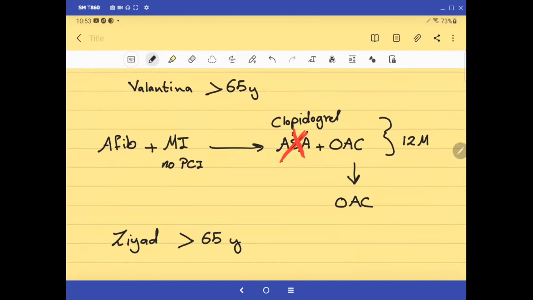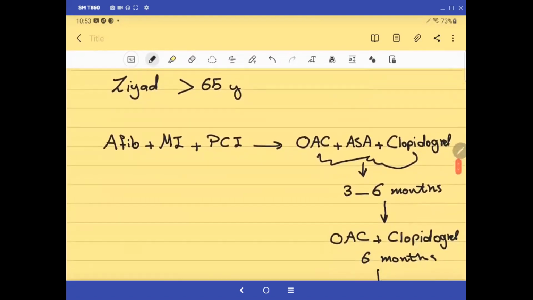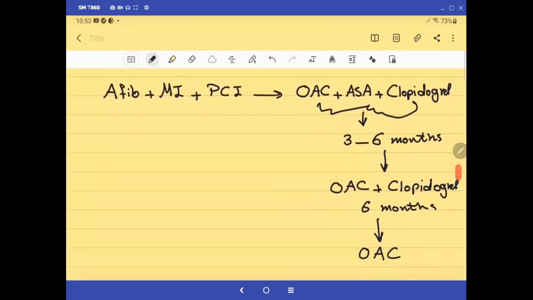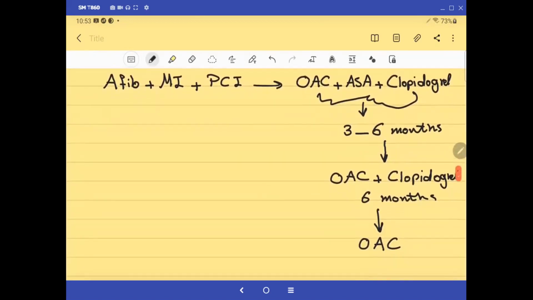The last and most complicated case was Ziad. Ziad has atrial fibrillation with a STEMI or non-STEMI, and his age is 65 or more, and he has PCI. So because it is the most complicated case, he has been on triple therapy, oral anticoagulant plus clopidogrel plus aspirin for 3 to 6 months.